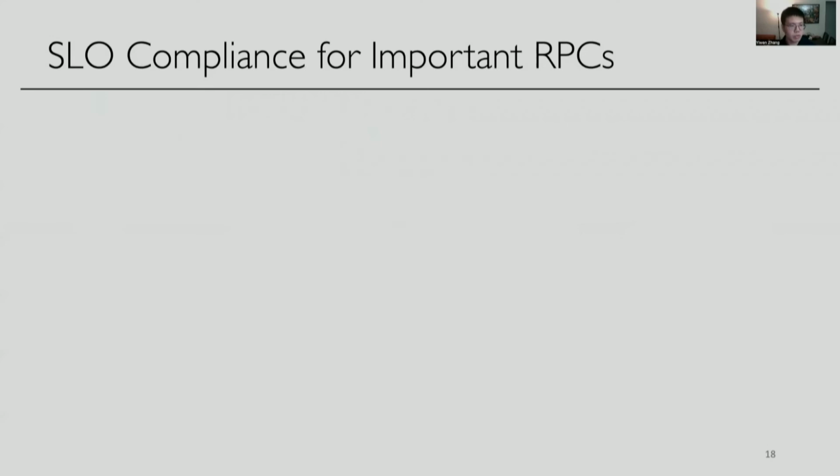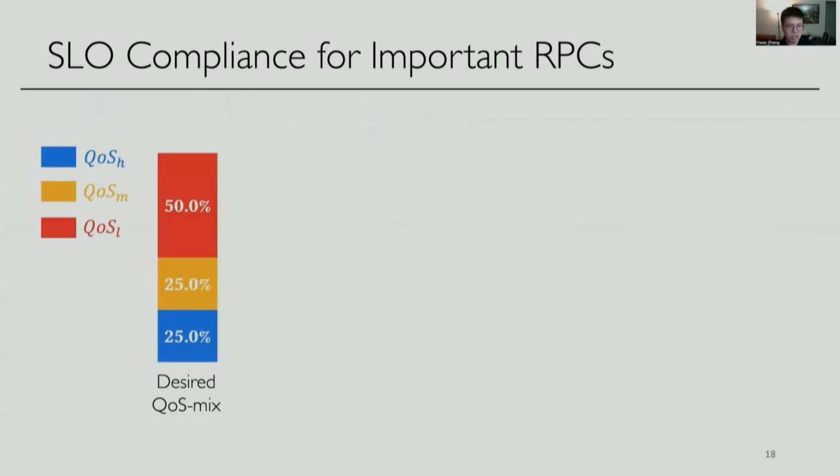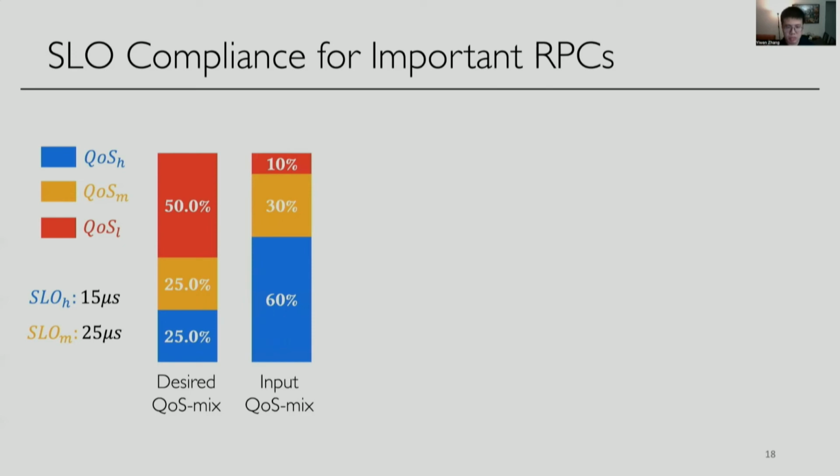To start, we define a desired QoS-Mix of 25% on both QoS high and QoS medium, and 50% traffic on QoS low. We set the SLOs for QoS high and QoS medium using the tail latency measurement under this desired QoS-Mix, which is 15 and 25 microseconds. Now, we pick an input QoS-Mix.